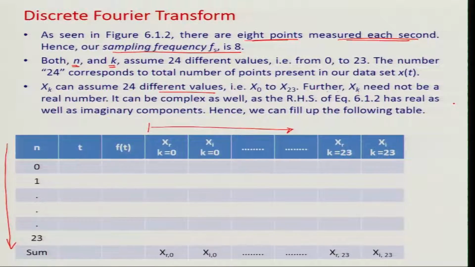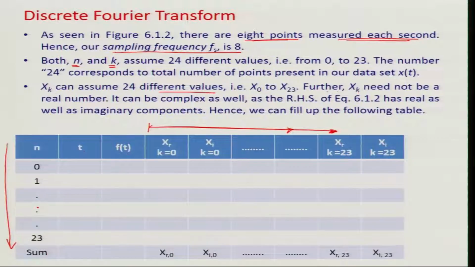So, what we have in this table is a matrix, and here onwards we are going to compute different values of Xk, and n goes down from 0 to 23. The next column is time, the third column is ft. Okay.